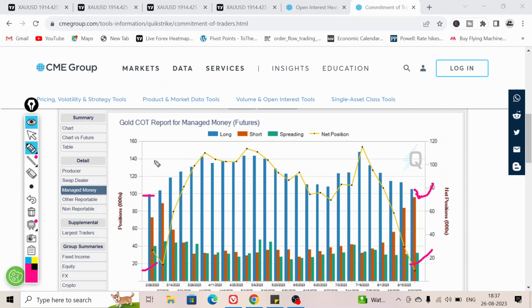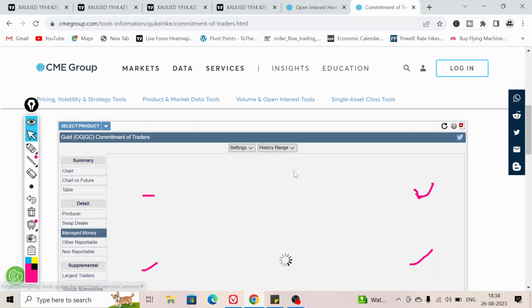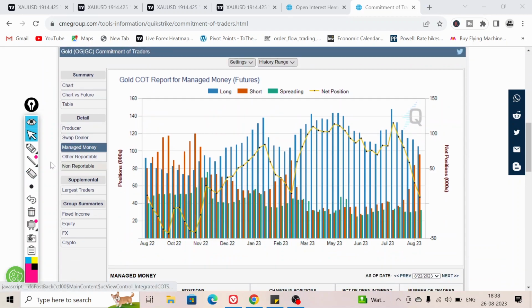But if we change the range to 1 year, right over here, and compare the data for the 1-year range, this is the level where the net long positions are right now, and in the year range, this is the lowest position.